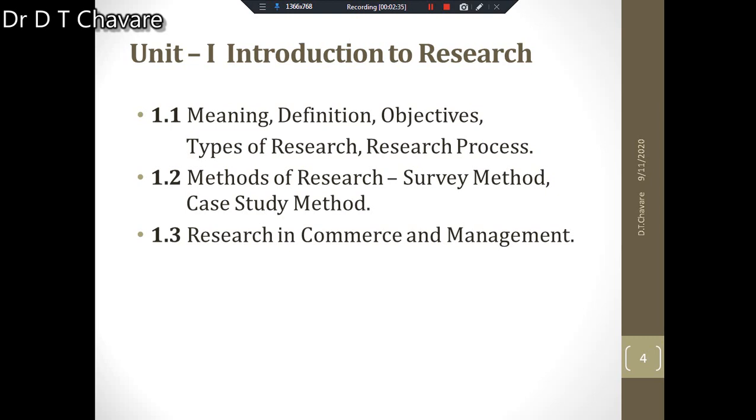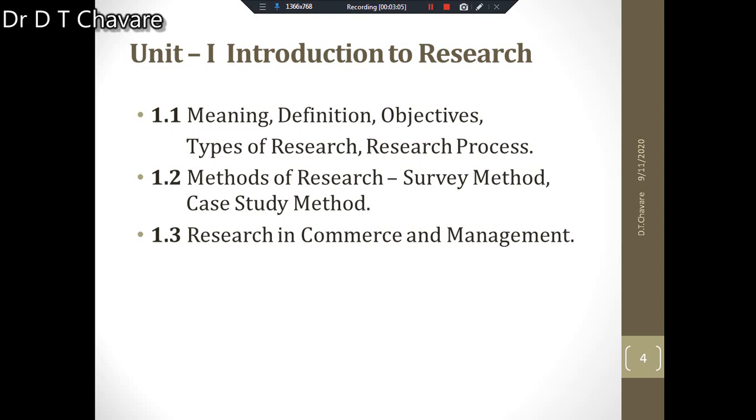It means that you have to understand what is the meaning of research, what are the definitions of research, what are the different objectives of the research, then what are the different types of the research. And then research process. All these points are included in point number 1.1.